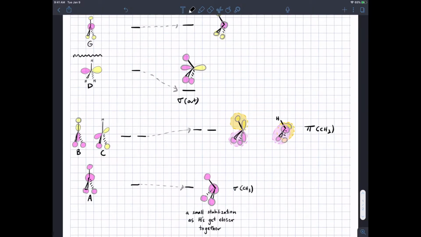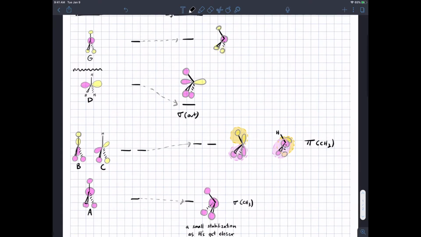All right, so now we're going to do something that's unusual and is going to seem arbitrary, and that is we're going to notice that we'll maybe call this sigma star CH3 because it's the antibonding combination.